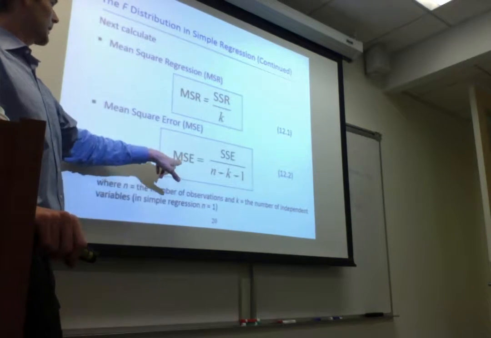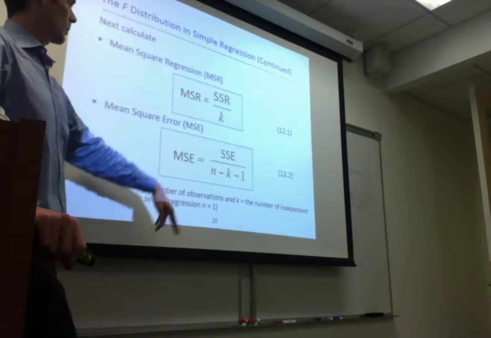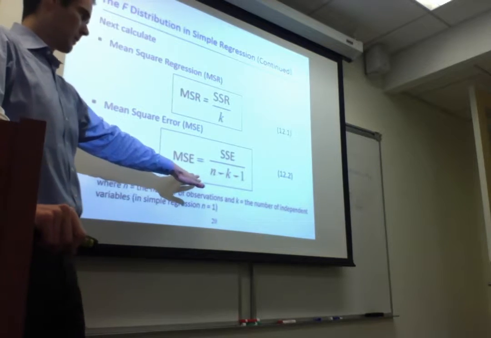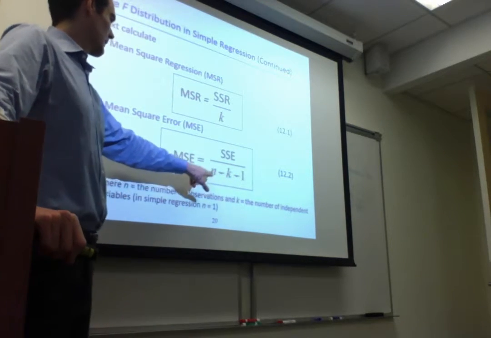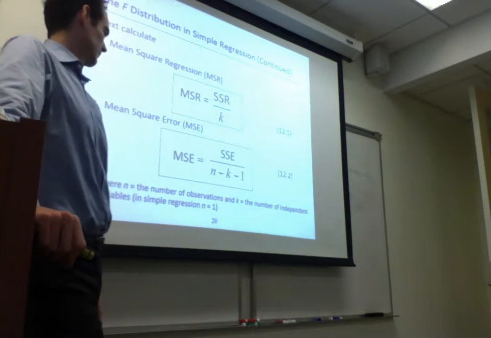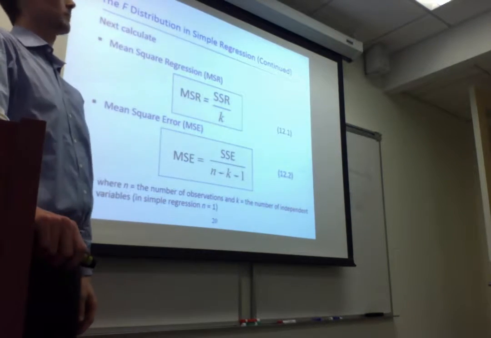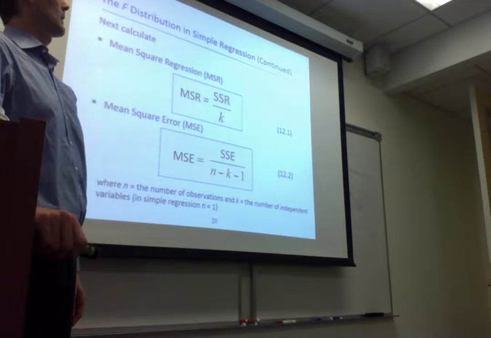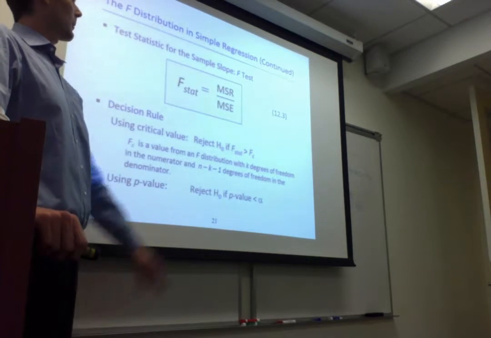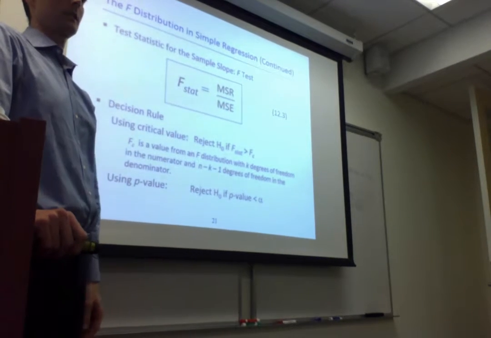Remember I said to get the mean square error, we divide the sum of squares error roughly by the sample size. But in actuality, sample size minus K, which is number of independent variables, minus 1. And then we put those two together on the next slide, and we get our F statistic.